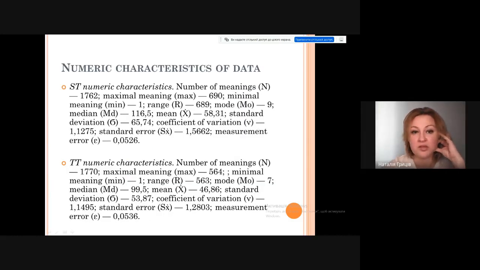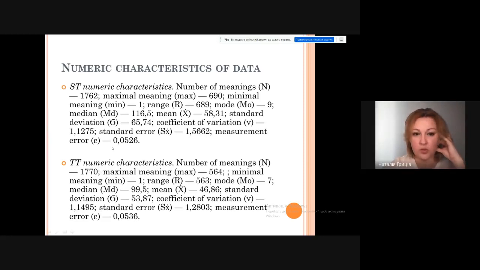Later on, we have obtained numeric characteristics of the data analyzed. Thus, here we have the number of meanings, which equals 1,762 in the original, and correspondingly, the number of meanings equals 1,770 in the translated text.